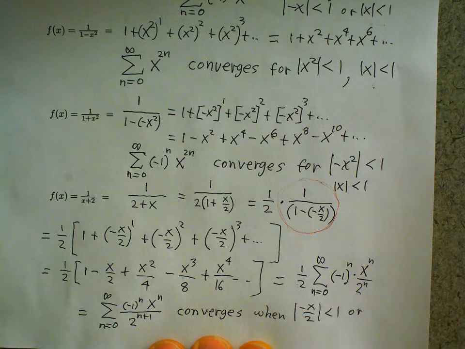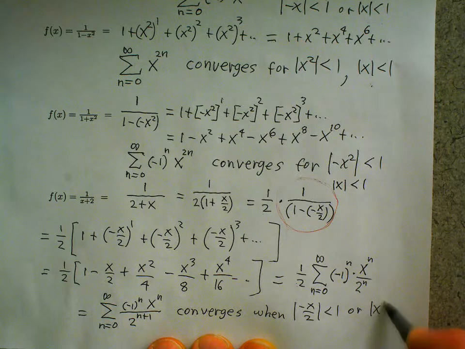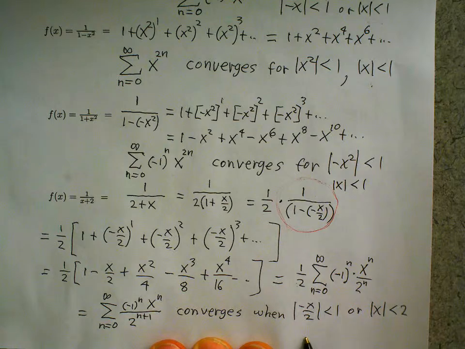That's equivalent to the absolute value of x less than 2. So the radius of convergence on this one is 2. Okay, let's move on to the next page.